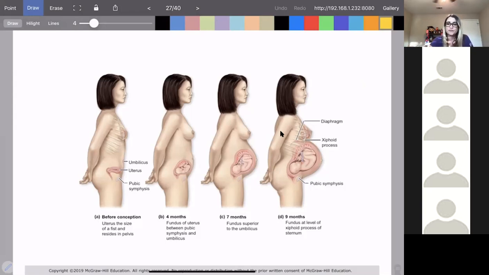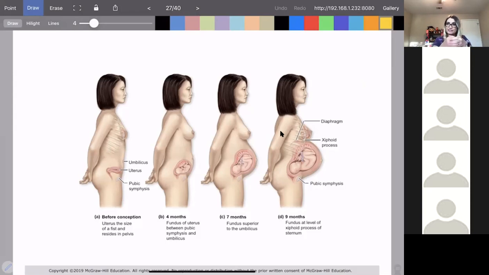In true labor, you're going to see these contractions intensifying and getting closer together, and you're also going to see cervical changes. The changes we're talking about here are dilation and effacing.